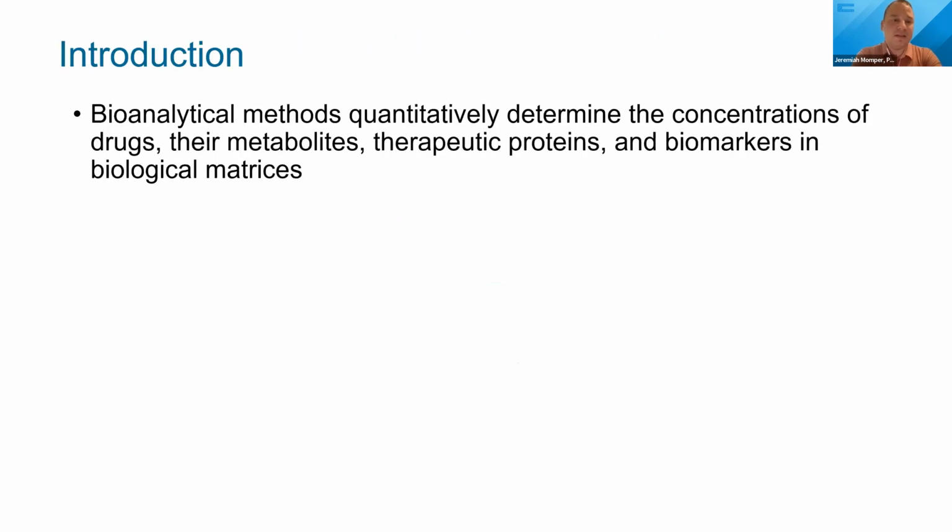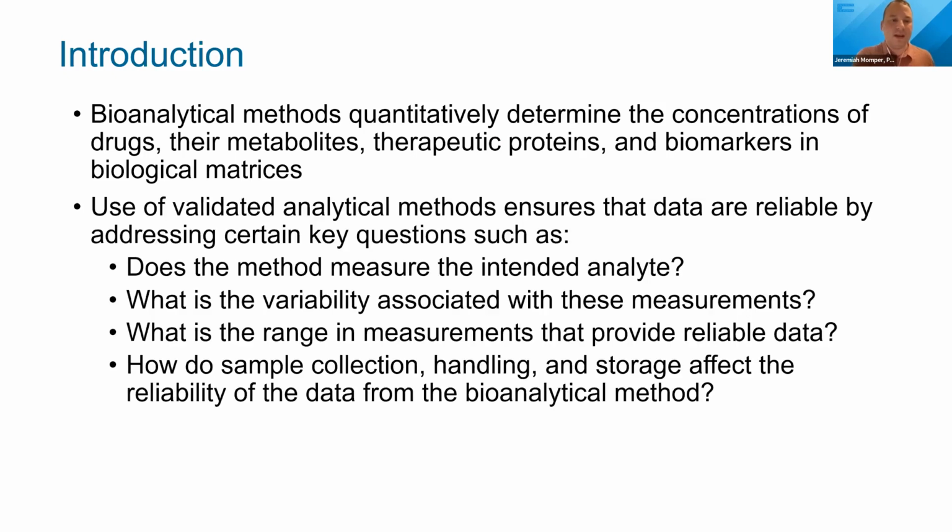Okay, so jumping into the meat of the presentation, bioanalytical methods, of course, quantitatively determine concentrations of drugs, metabolites, therapeutic proteins, and biomarkers in different biological matrices. And the use of validated analytical methods ensures that data are reliable and address certain key questions.